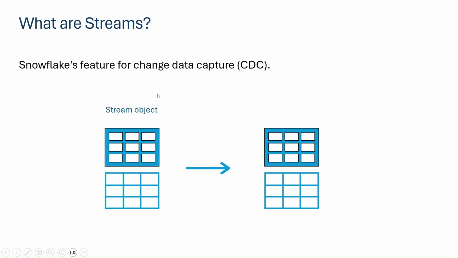A stream is an object that is created on a table to capture any changes into that table. For example, if I create a stream on this table, it will capture all the changes in it. So these changes are recorded as DML operations.